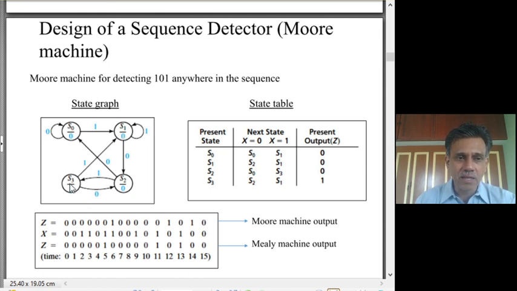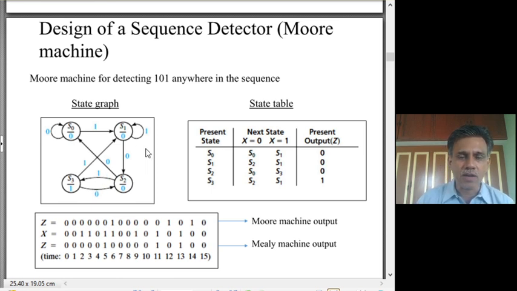And in S3, if a 0 comes, this can be the second bit of a new pattern, because the 1 0 1 pattern is over. Again a 0 means again it can be a second bit, so you come to S2. Again if there were a 1, you come to S3 outputting a 1, and so on. So a 1 0 1 0 1 0 means you will remain in this cycle.